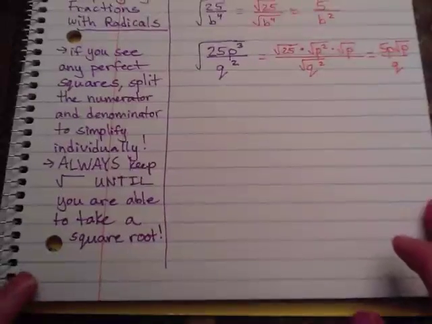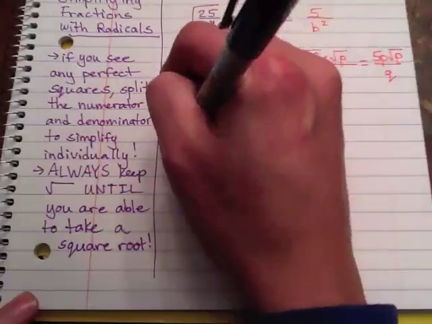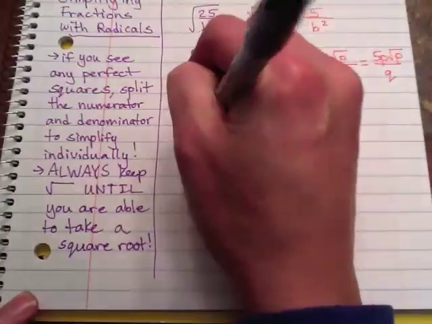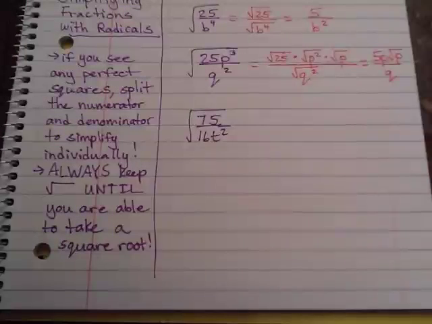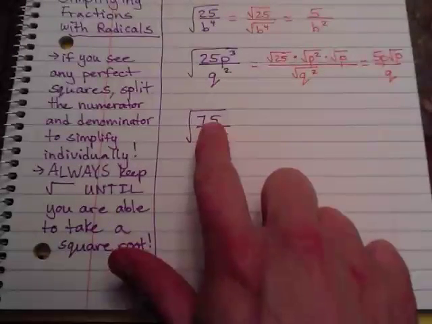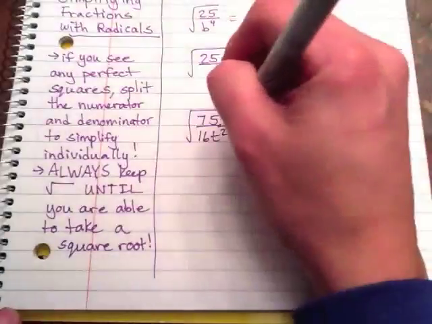So let's try one more of these before we move on. Square root of 75 over 16t squared. So again, I see a perfect square factor here and here. Don't see a perfect square factor here, but I also see that that's going to simplify. So again, I'm going to split it into separate.